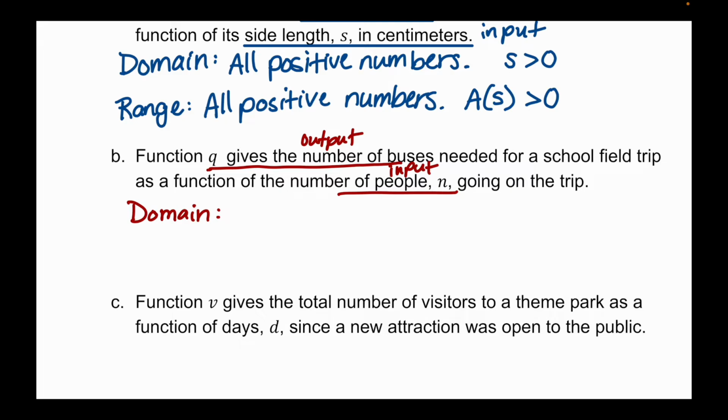And with number of people, we also can't use fractions. It's whole numbers only. So you can say whole numbers, or the mathematical word is integers, and I would say greater than or equal to 0.